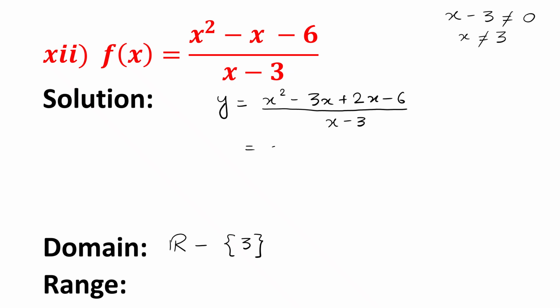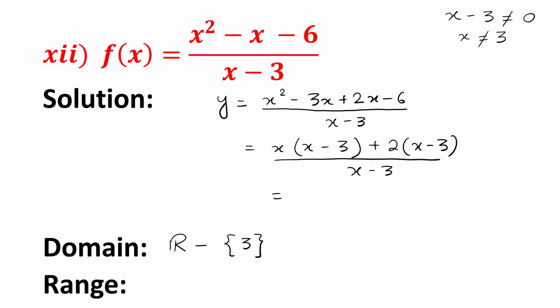X is common from the first pair, so we are left with x minus 3. Plus 2 is common from the second pair, it's x minus 3. Again, x minus 3 is common, into x plus 2, divided by x minus 3. This x minus 3 will cancel with the x minus 3 present in the denominator, and the value of y will be x plus 2.